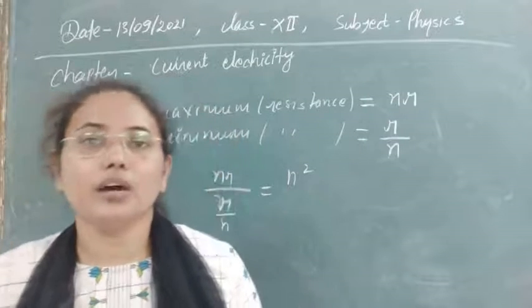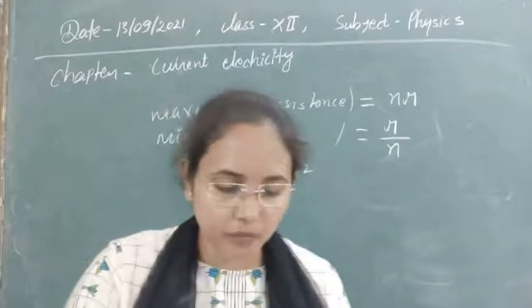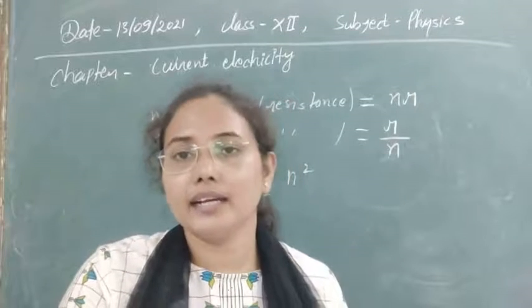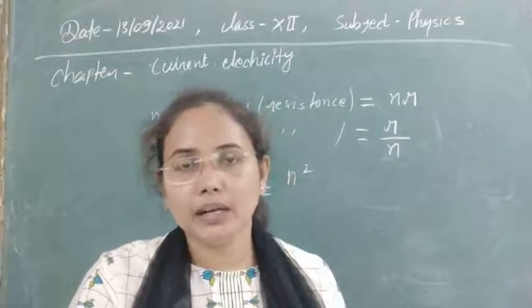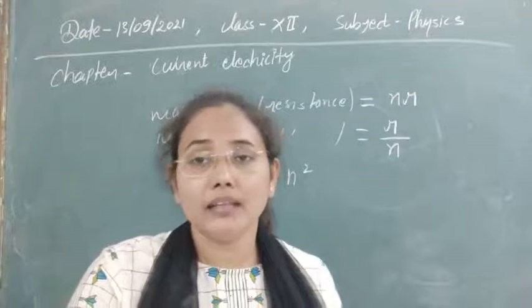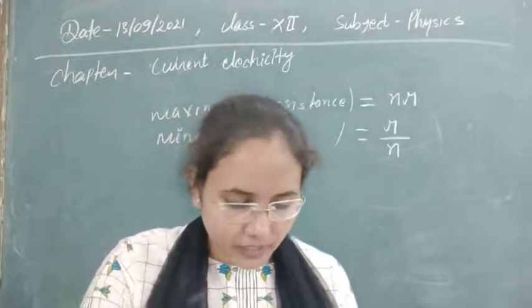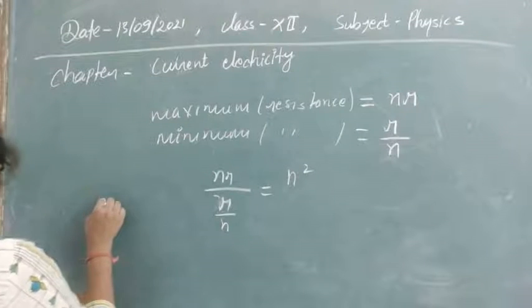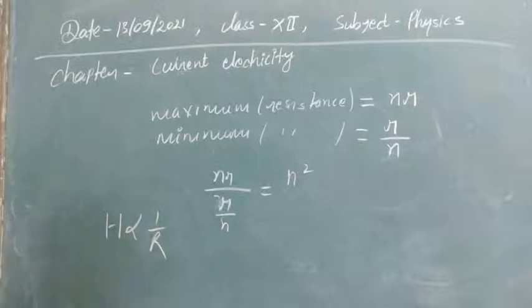As you know, the voltage at the terminals is the same for both cases, because it is given that we are again connecting 39 bulbs in series, and the 40 bulbs were connected in series, and both have the same potential. So the current is changing with 1 by R.